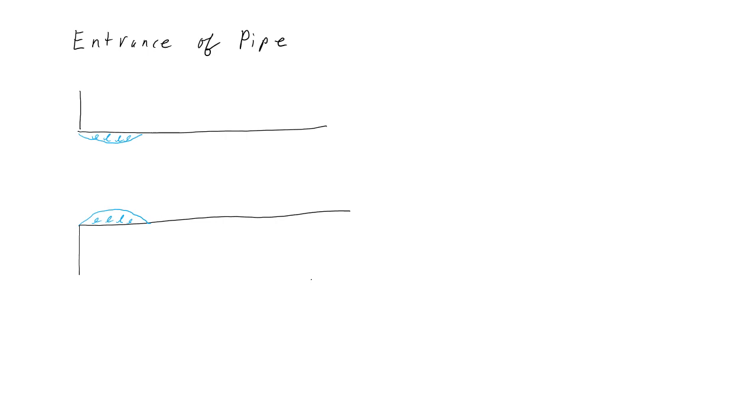But now let's just say that we have some point 1 here and some point 2 here, and we know that the width of 2 has to be smaller than the width at 1 because of the separation bubble, right? So that width is necessarily smaller than this width.